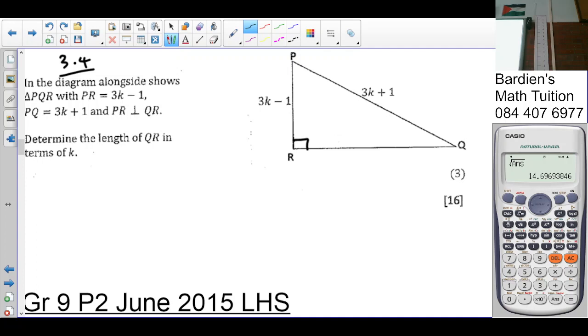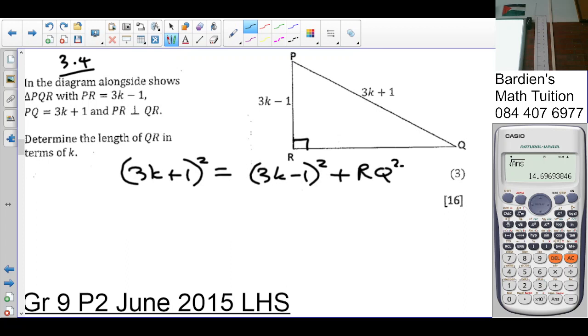It says determine the length of QR in terms of K. So what do we say? That we're going to firstly say that 3K plus 1 squared is equal to 3K minus 1 squared plus RQ squared. Why? Because it's Pythagoras with angle R equals 90 degrees.